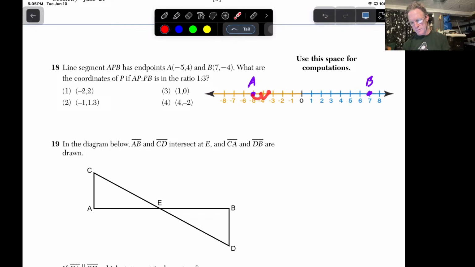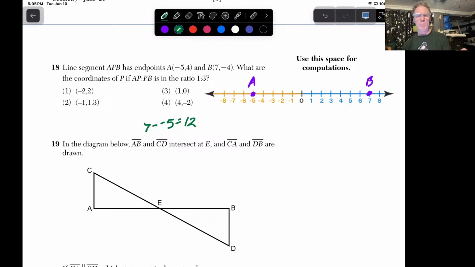1, 2, 3, 4, 5, 6, 7, 8, 9, 10, 11, 12. That makes sense, right? Because 7 minus -5 equals 12. So that distance is 12.